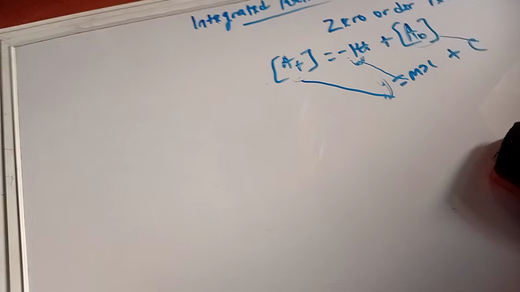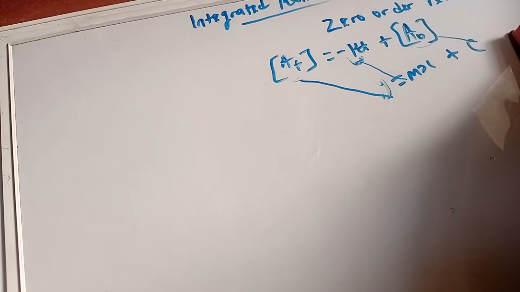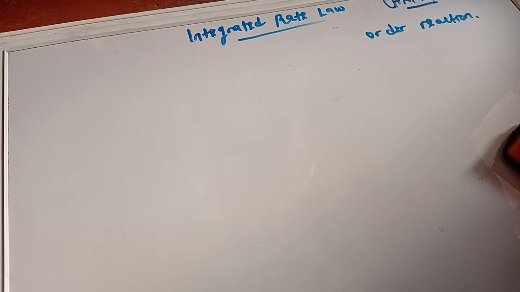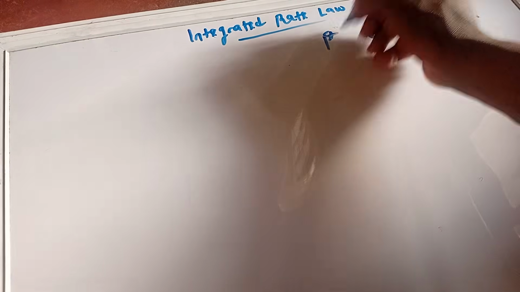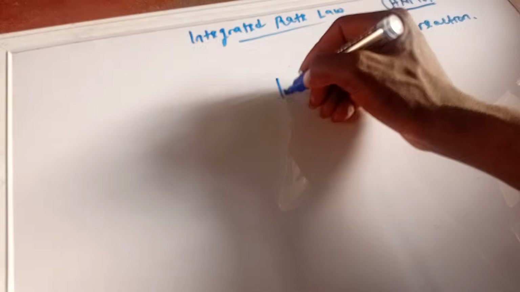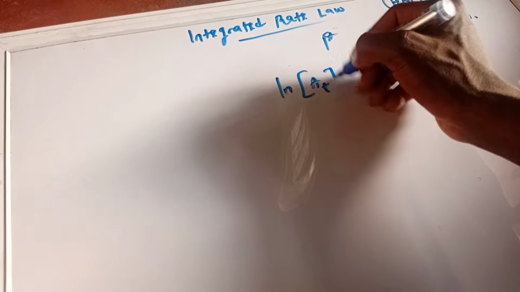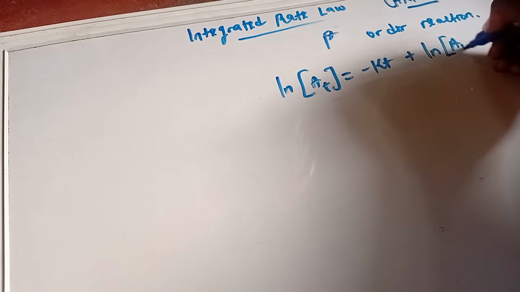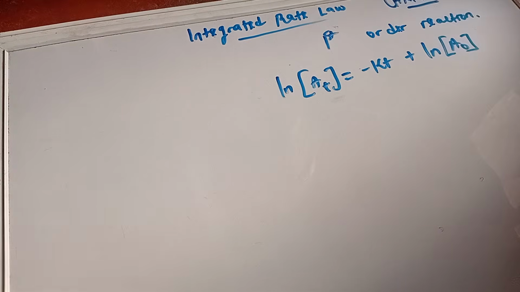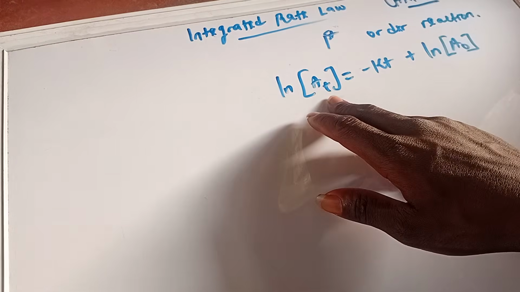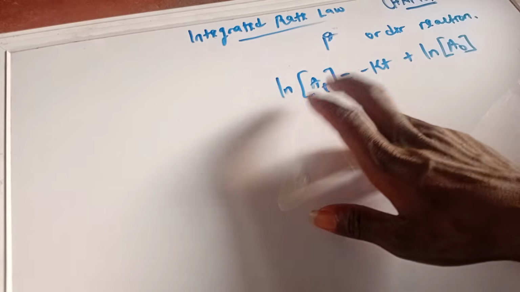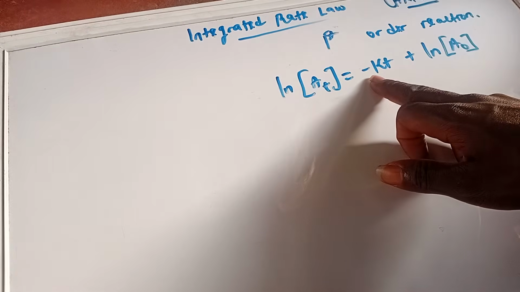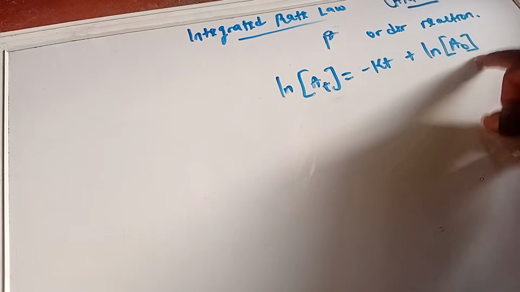So that's the zero order. Now for the first order reaction, we are still going to solve questions involving calculations. For the first order we have ln A_t equals minus kt plus ln A naught, where this is the ln of the concentration at a particular time t, this is the rate constant, and this is the ln of the initial concentration.